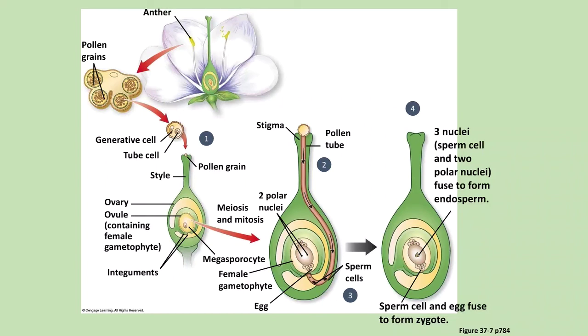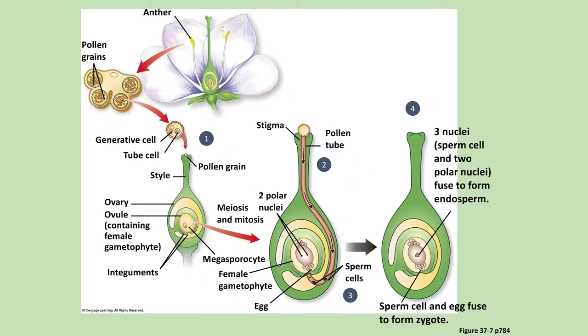And remember, there are 2 sperm cells in there. Those 2 sperm travel down the pollen tube to get to the opening of the ovary, getting access to the ovule. And remember, it's the ovule that contains the female gametophyte, and that female gametophyte has the egg along with the 2 polar nuclei.